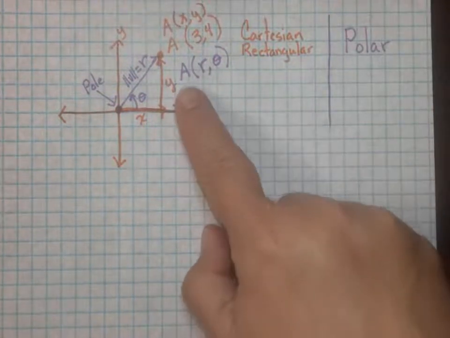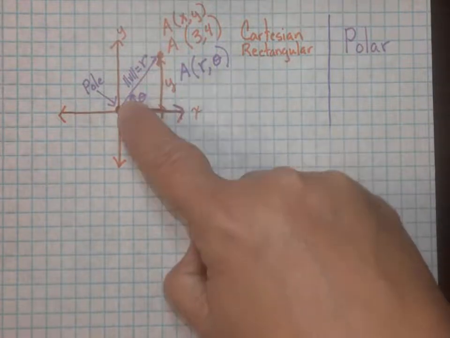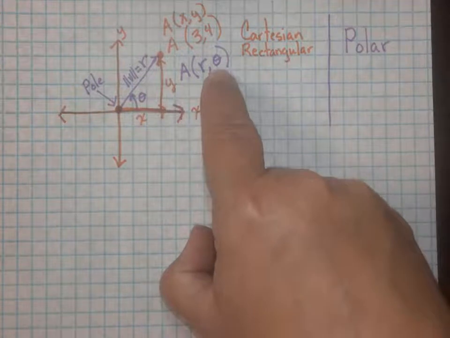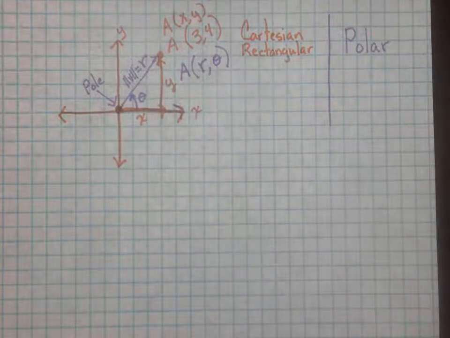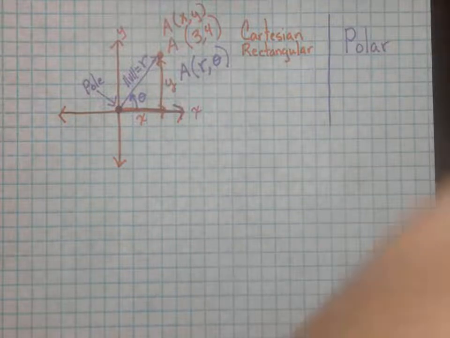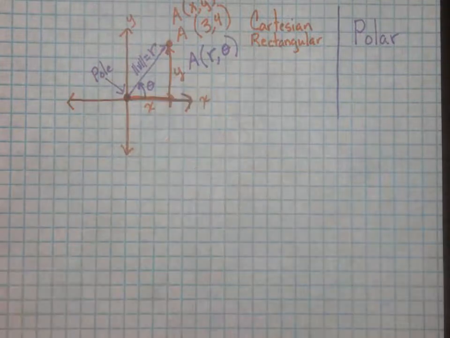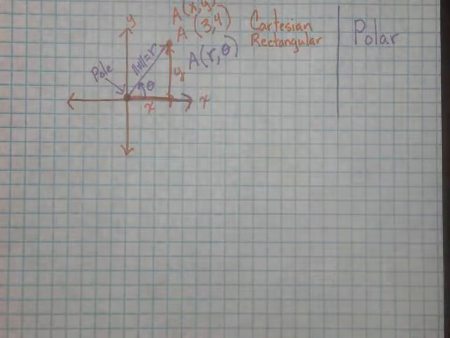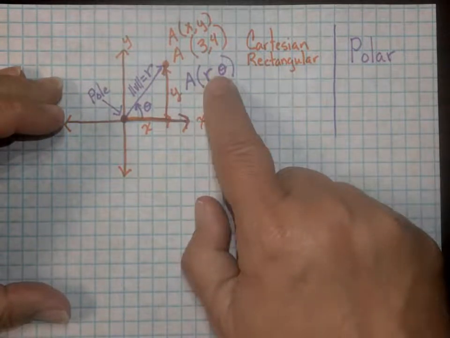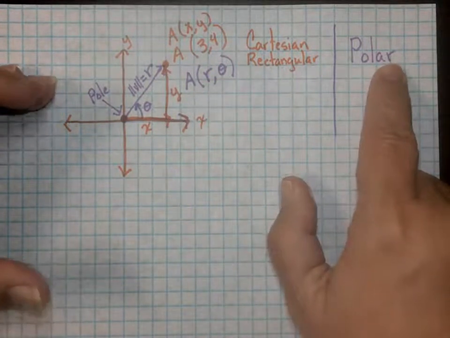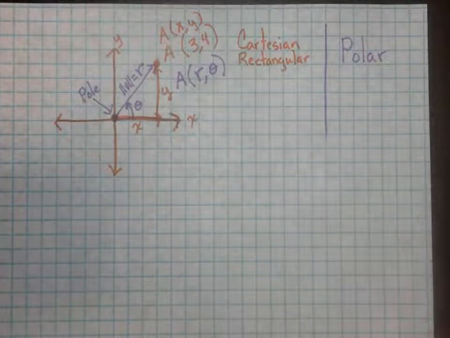Well, in our polar coordinates, it's r, which is really the magnitude of this vector, and then theta, which is the angle, the directional angle. So if I have this ordered pair, 3, 4, and I know what it is in rectangular, but I wanted to know what my r and theta were in polar, I'm just going to apply some knowledge that I've already learned about vectors, right?